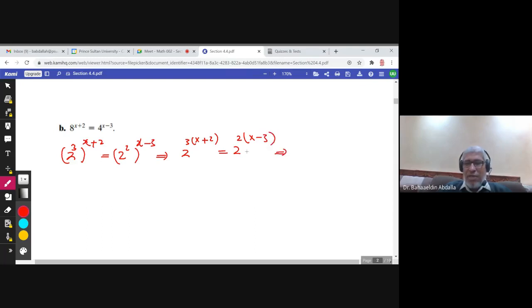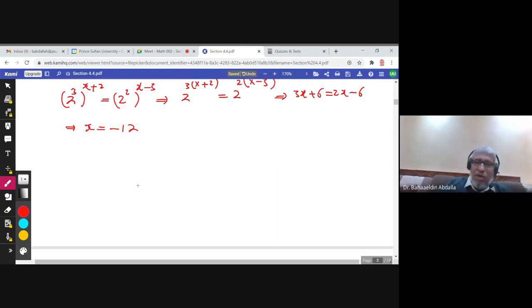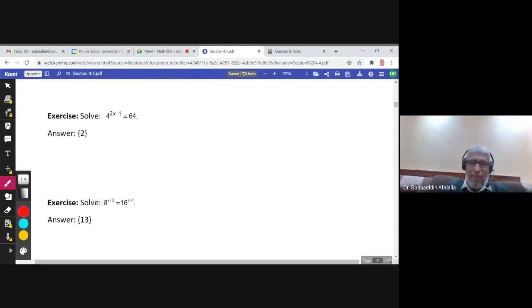And now the bases are equal, so the powers are equal. So 3x plus 6 equals 2x minus 6. I subtract 2x from both sides, and I add negative 6 to both sides. Then x would be negative 12.